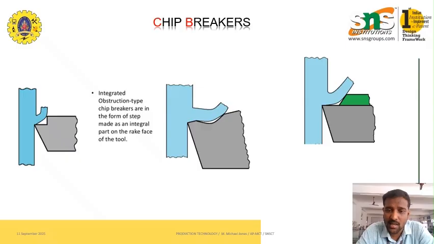In the second case, the geometry of the tool is made in such a form that the rake angle will interfere with the chip and it will break. In the third case, a green separate part is fixed over the tool. The geometry of the tool is not altered; instead we are adding a separate part that interferes with the chip as in the first case, and it will break the chips.